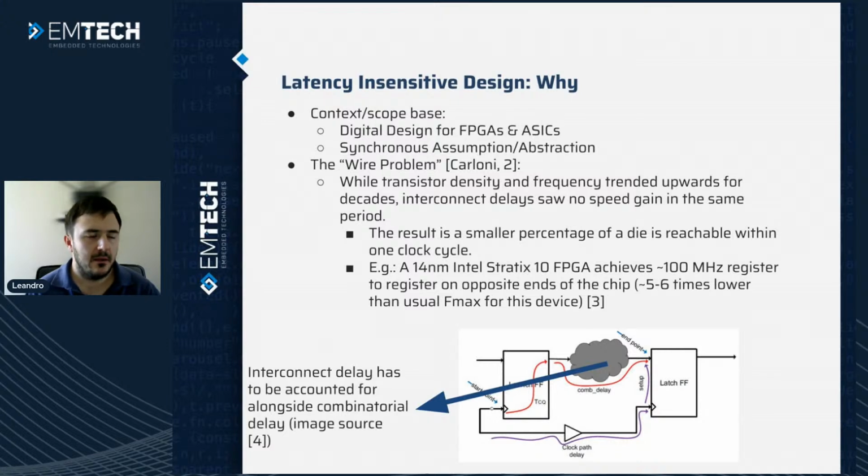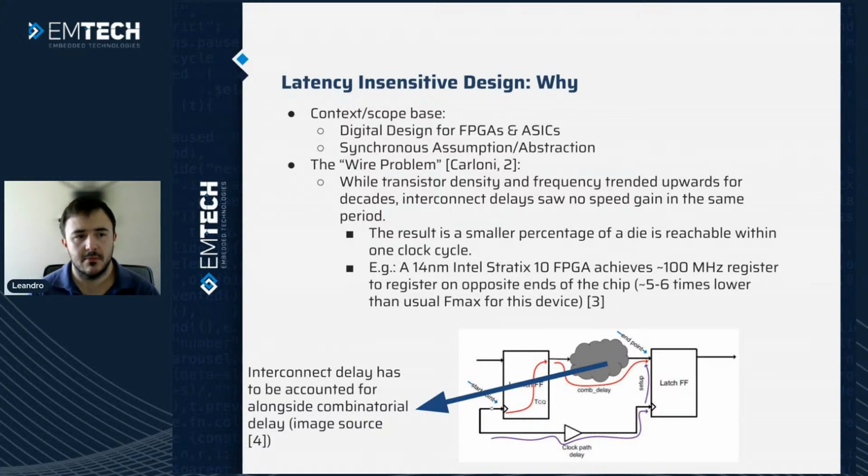The idea is that while the transistor count inside ICs has trended upwards, and also frequency for decades, the delays in the interconnects saw no speed gain in the same measure, partly due to capacitance.